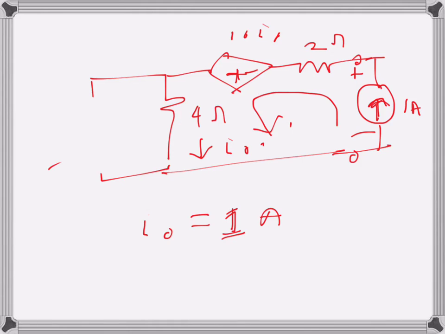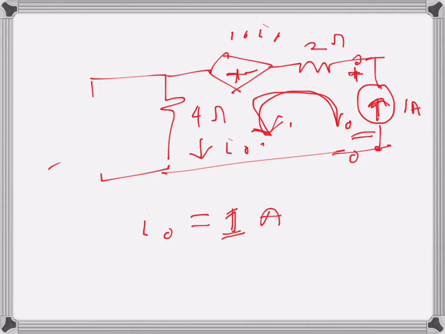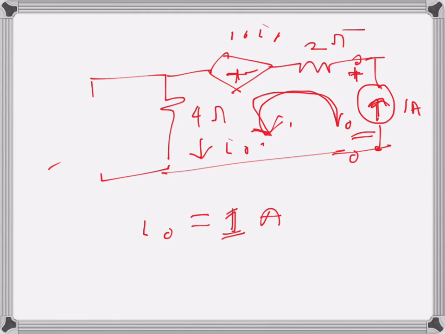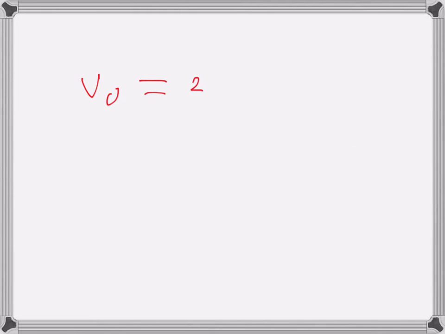So I need to find what is the voltage drop here. So if I call it VO maybe, and I write KVL for this loop. If I do that, when I start from here and go in the counterclockwise direction, I get V naught first as a rise, then current is going in this direction, so that will be a drop, 2 times 1 because current is 1, and then I have a rise of 10 I naught, and then I again have a drop of plus 4.